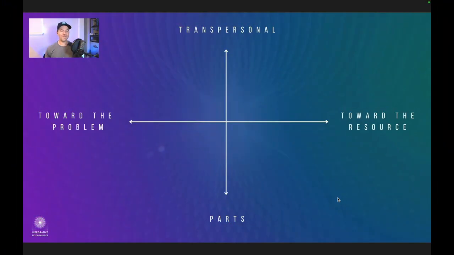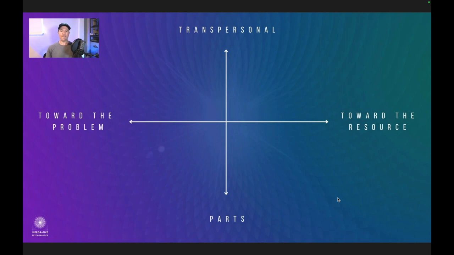Okay, but let's look at some other examples here. So now that you understand a bit of what I mean in terms of how to map stuff onto this, let's look at some more standard examples of what you may have already experienced or done along your path of personal growth and personal healing, right? So the first one I'd like to use as an example would be standard talk therapy, right?